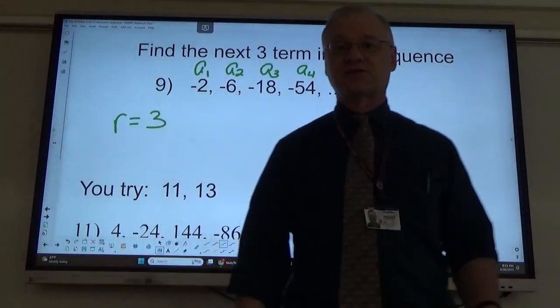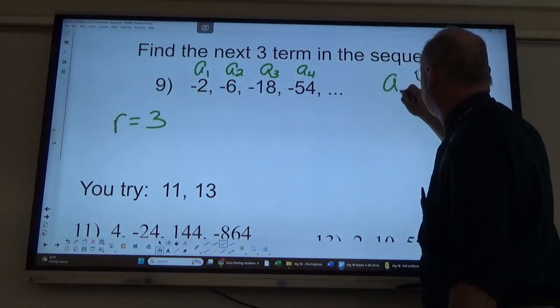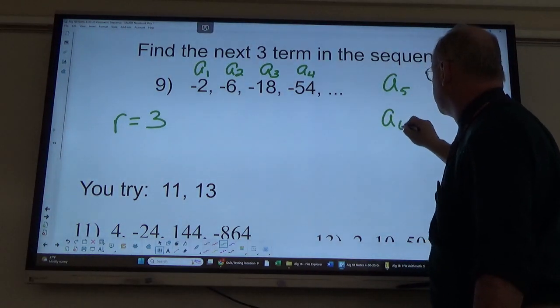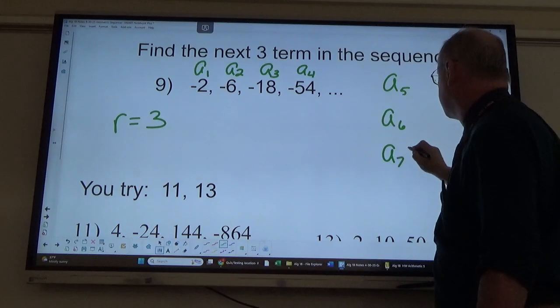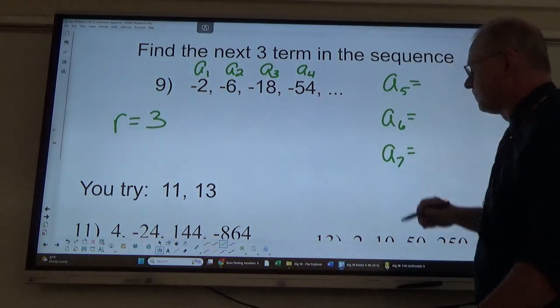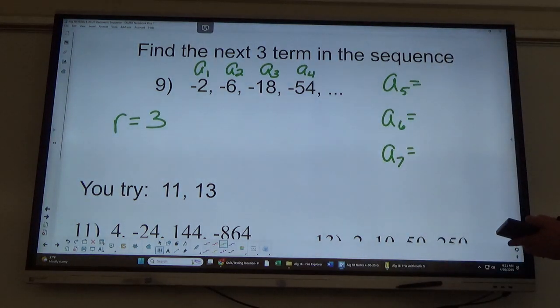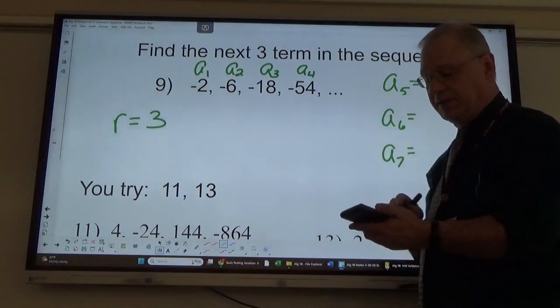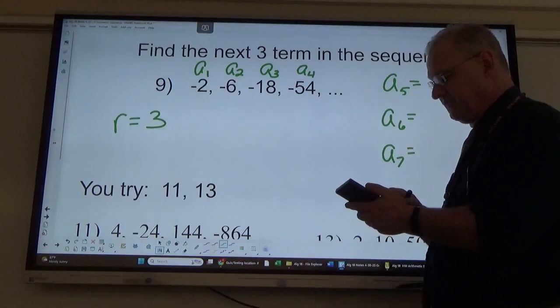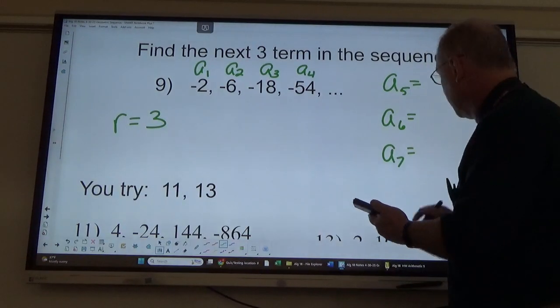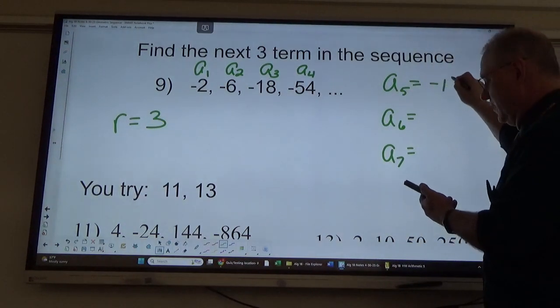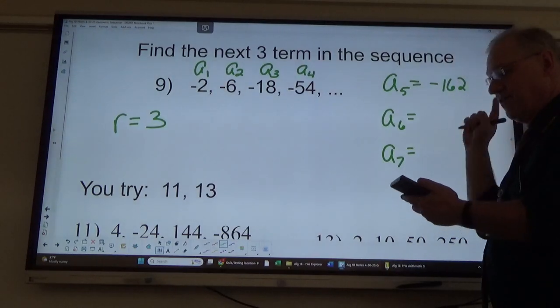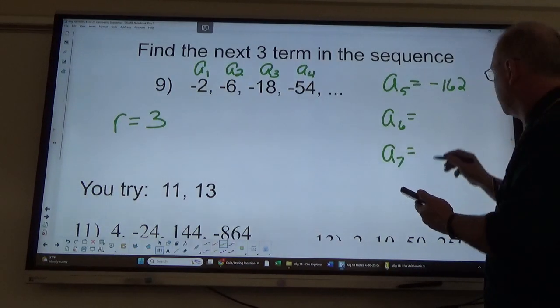We need the next 3, so a sub 5, a sub 6, and a sub 7. So when we calculate, we need to take the last term we have and keep multiplying by 3. So -54 times 3 is -162.